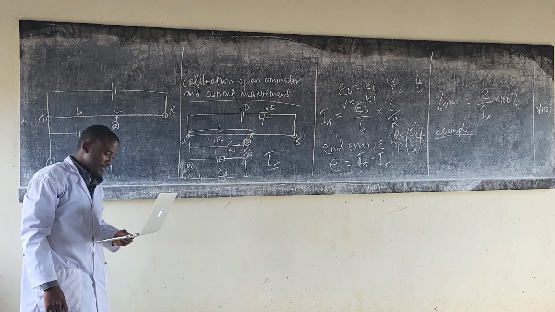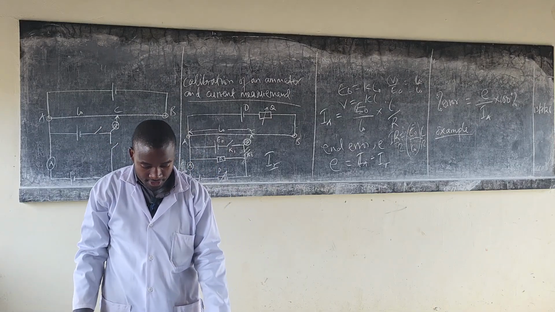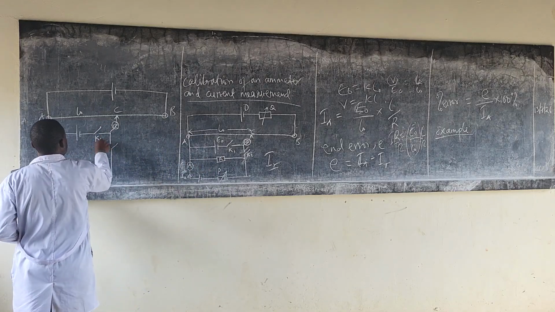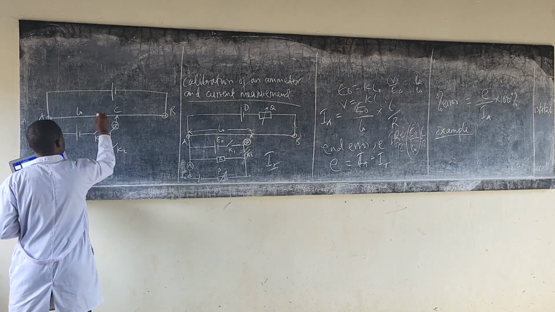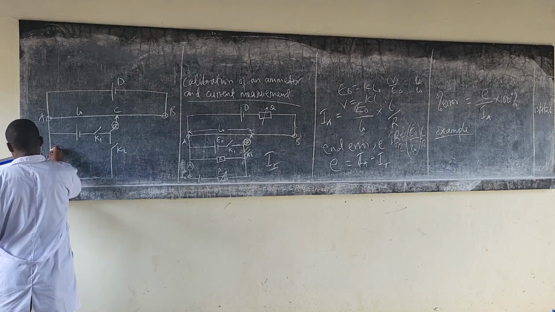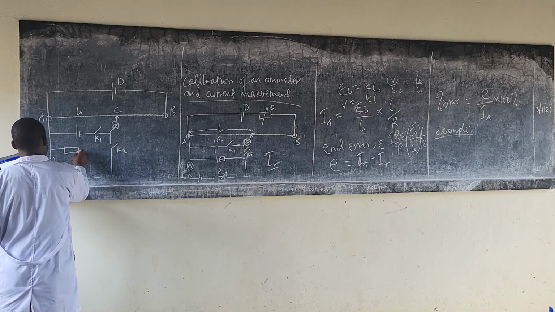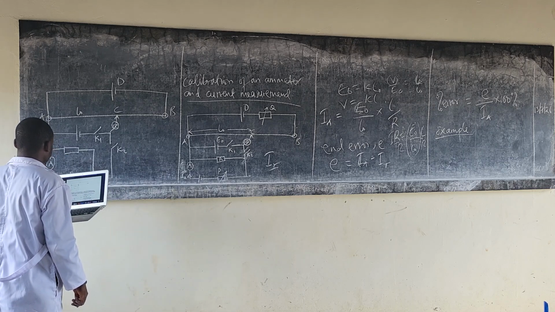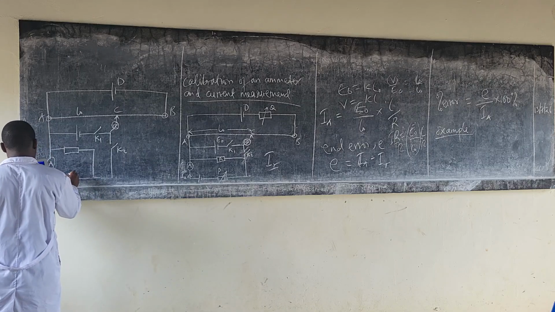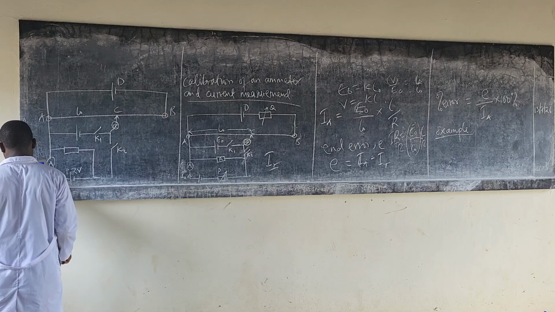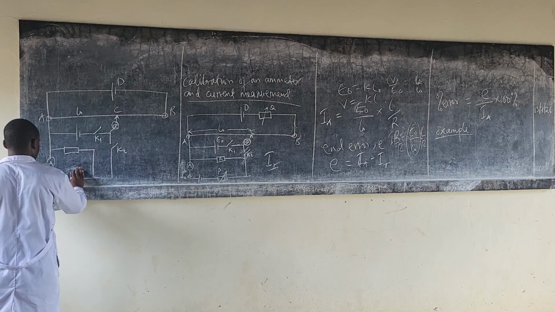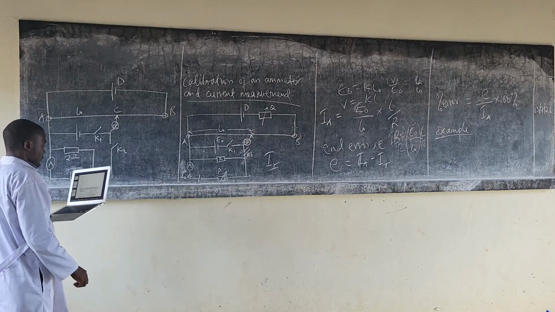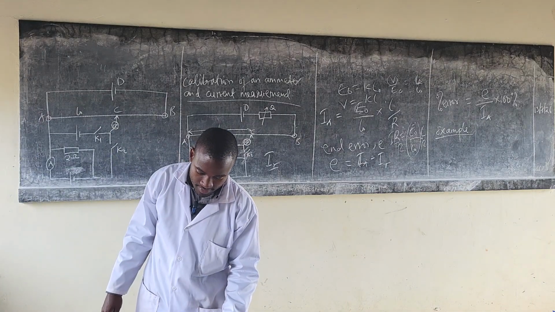When switch K1 is closed and K2 is open, a balance length AC equals 30.2 centimeters is obtained.